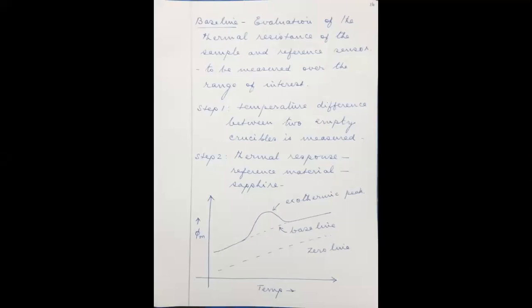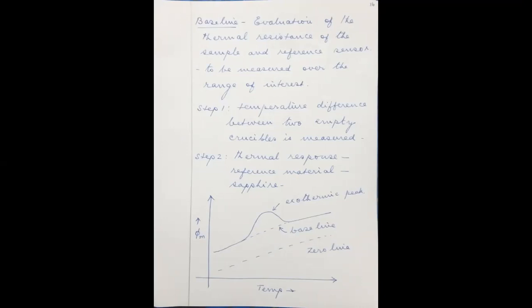Without keeping the reference or the sample, you are going to evaluate in the full range of the temperature in which you are actually going to do the experiment with the sample. Suppose I am choosing a temperature range from 100 degree to 500 degree because I have already studied that the sample that is to be tested undergoes some change at around 300 to 400. So I am choosing a temperature range of 100 degree to 500 degree centigrade.